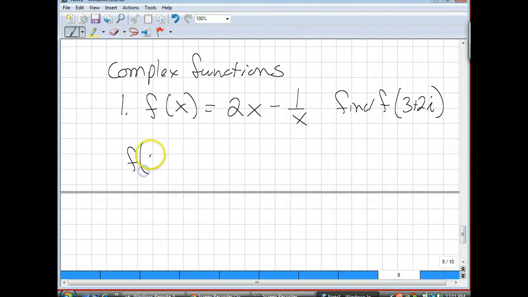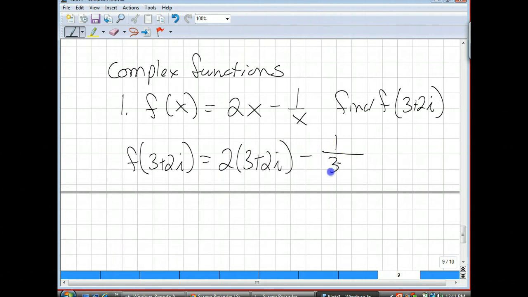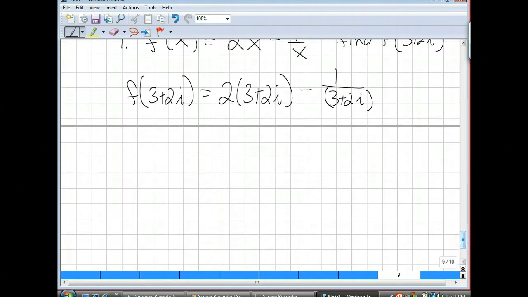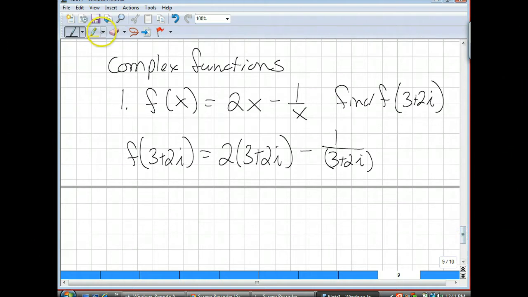So f of 3 plus 2i is 2 times 3 plus 2i minus 1 over 3 plus 2i. So all I did was replace everywhere there was an x with a 3 plus 2i. Now it's a matter of just simplifying. So distribute.